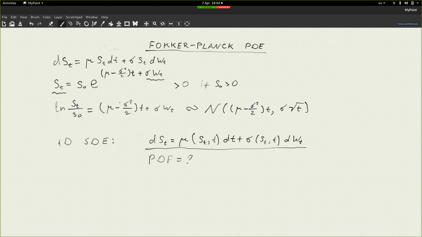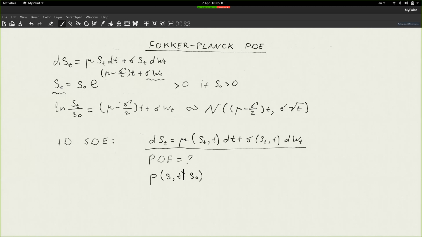First of all, we will denote this probability density function by P. It is a function of two variables, s and t, and we would say it is conditioned on the initial value S_0, although we will not write this dependency on S_0 in every case, just to reduce writing.